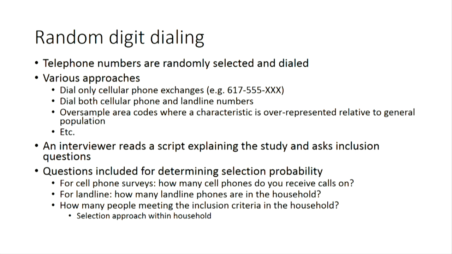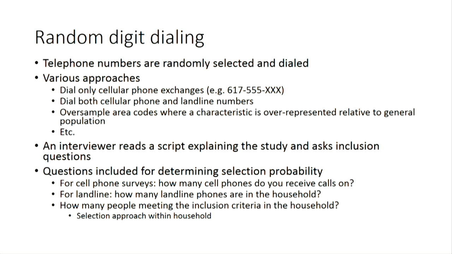And one of the issues with these kinds of surveys is that, to an extent, you can come up with a design where you can relatively reasonably control or have a good idea of what the probability of selection is. You can do essentially a complete random selection of telephone numbers where you're not oversampling, and so you're not inducing any overrepresentation of a particular sample population into your study.